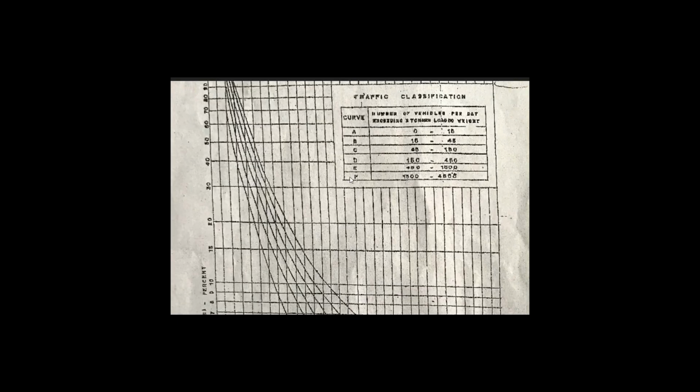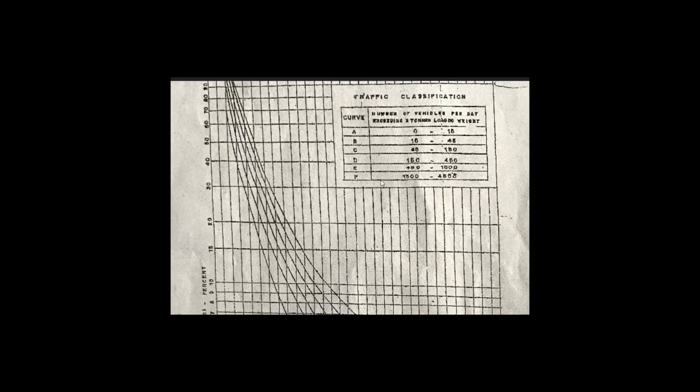Which category does our value fall into? So we have curve A, 0 to 15, curve B, 16 to 48, curve C, 48 to 150, and so on. So we have curve F, which is 1,500 to 4,000 and above. Alright, so our value calculated was what?